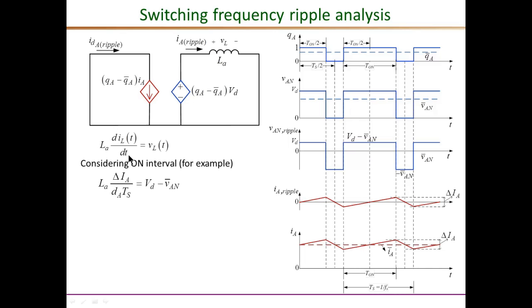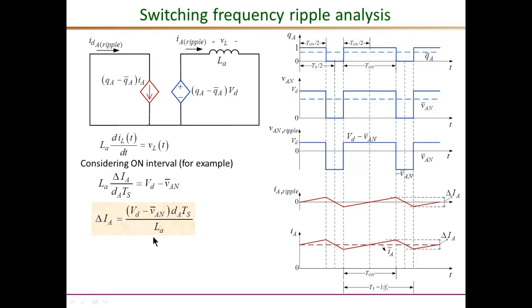That is equal to the inductor voltage, and VL during the on interval, as seen from this waveform, is Vd minus VAN bar. That gives us the required equation, where delta I is (Vd minus VAN bar) times dA Ts over LA.